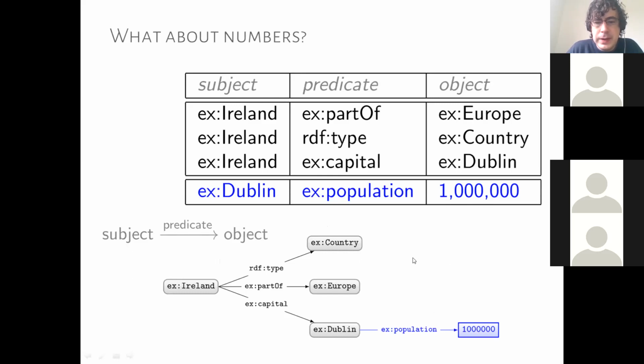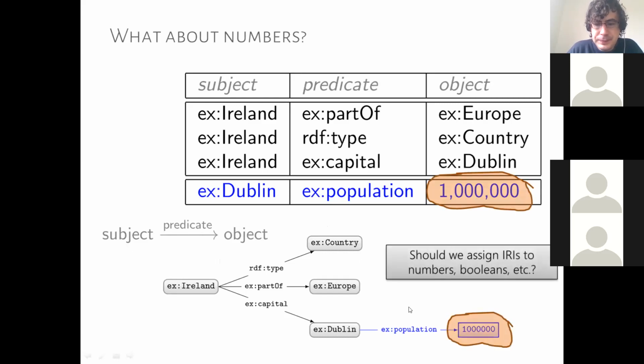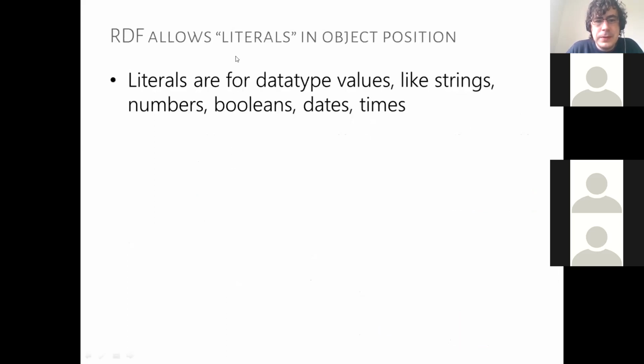So we represent these with literals, which can also assign a type. This might otherwise be misinterpreted as a string rather than a number. So we also need to identify what type of data type it is. So literals are for data type values like strings, numbers, Booleans, dates, times.